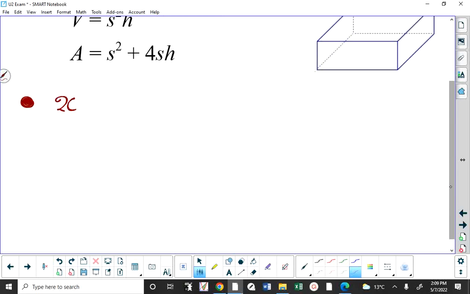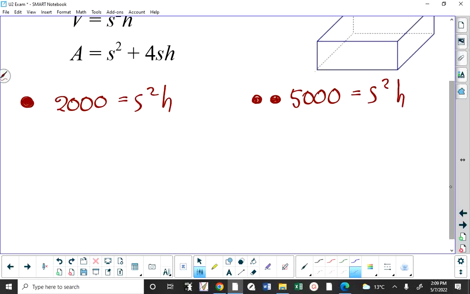So 2,000 equals s squared h if you're doing version 1. And if you're doing version 2, it's 5,000 equals s squared h. And these are your equations of constraint. You're trying to minimize the area, so when we write down that equation, area equals s squared plus 4sh.